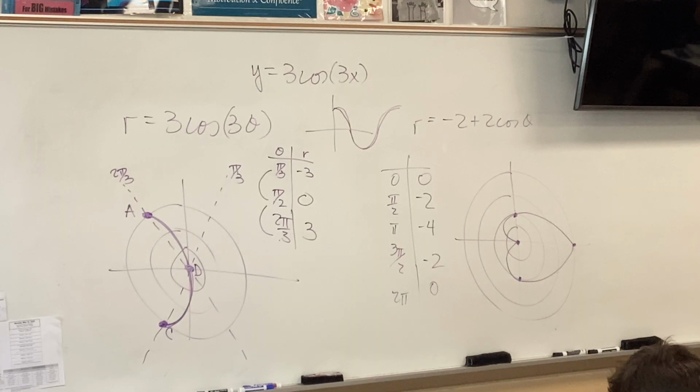The distance is decreasing. And then 11 pi over 6 to 2 pi, it's increasing. So we have to make a distinction between, is the function increasing or decreasing? And is its distance from the x-axis rectangularly or the pole polarly increasing or decreasing? Those are different questions.